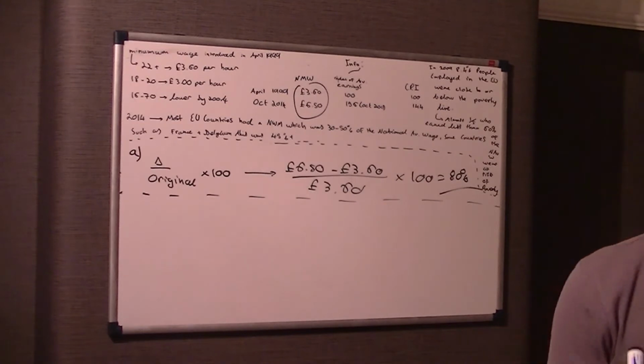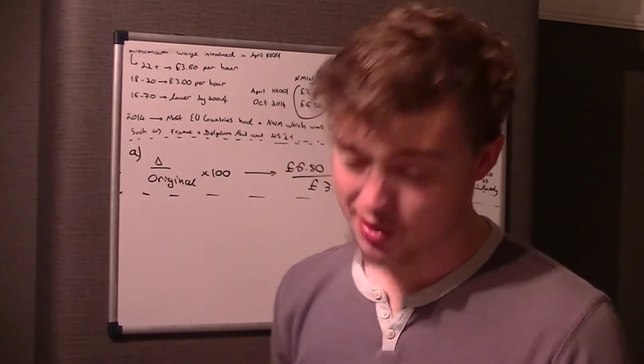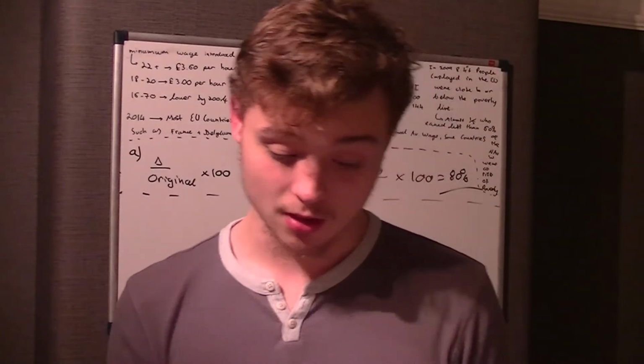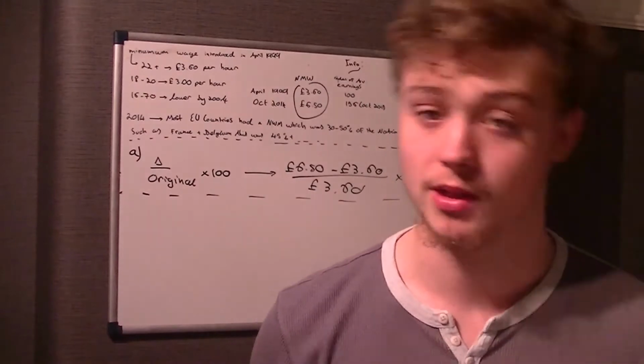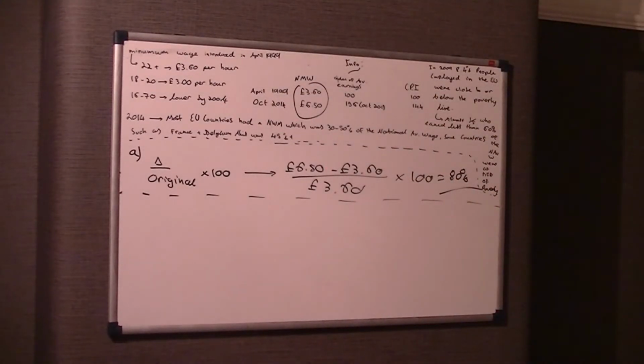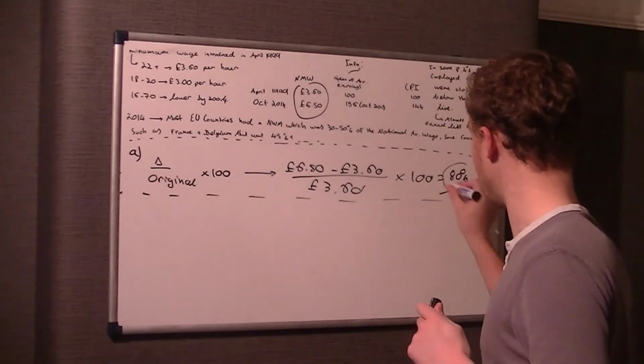Part B, part II, says explain what's happened to the real value. Now, whenever you see real in economics, it's to do with removing inflation. Of the UK national minimum wage over the period 1999 to 2014. Obviously it says April 1999, but I've just simplified it for you. Okay, so a key thing that you need not to do is say, because we've worked out an increase in the wage, that's the answer.